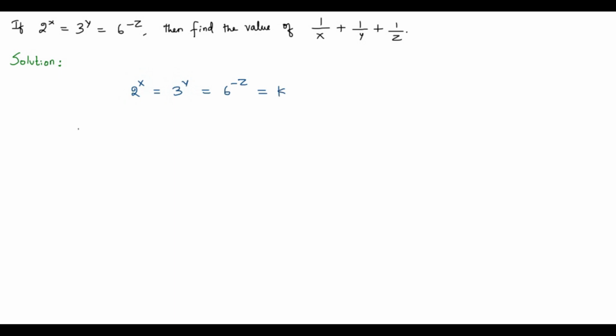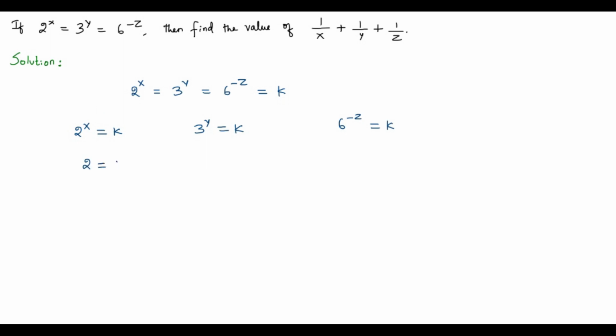So then we can take 2 power x is equal to k, 3 power y is equal to k, 6 power minus z is equal to k. Okay, the next step what we can do is we can take the exponent x to the right side of the equation. So if the exponent x goes to the right side of the equation, it will become its reciprocal.